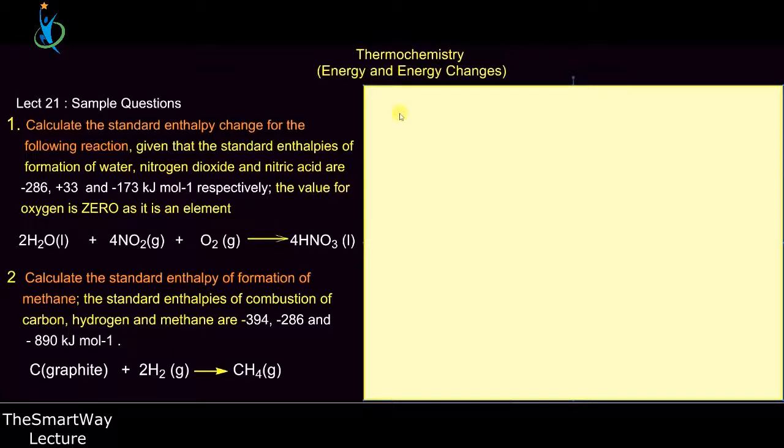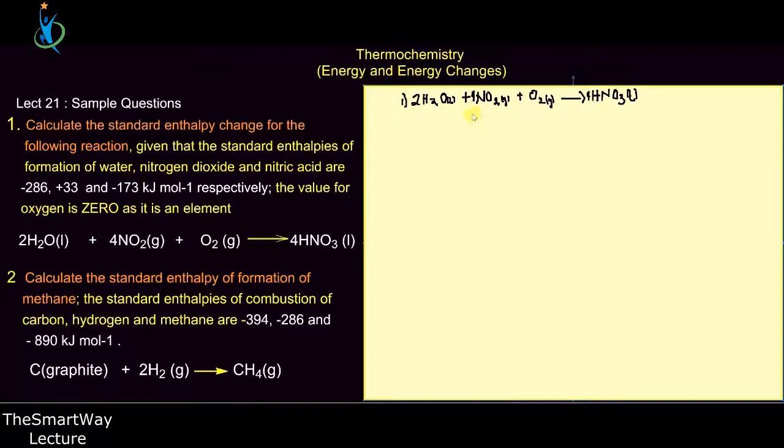In the first instance, we're given a reaction: water in the liquid state, combining with nitrogen dioxide in the gaseous state, plus oxygen also in the gaseous state, and forming nitric acid, also in the liquid state.